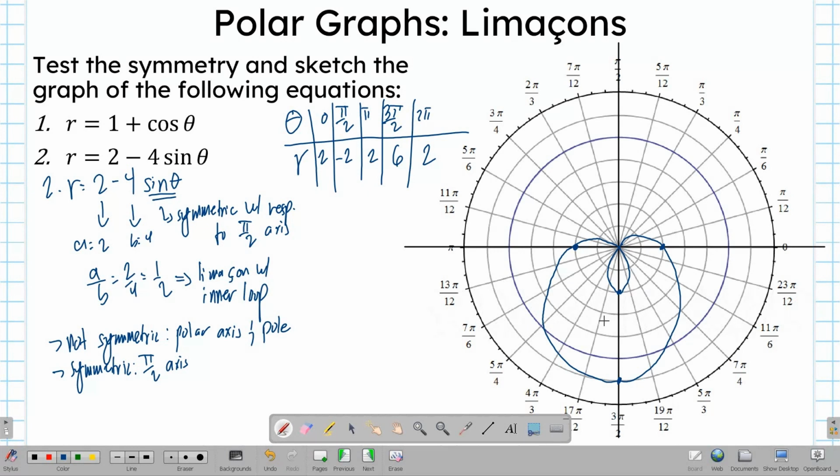This is what the sketch of r is equal to 2 minus 4 sine theta looks like.